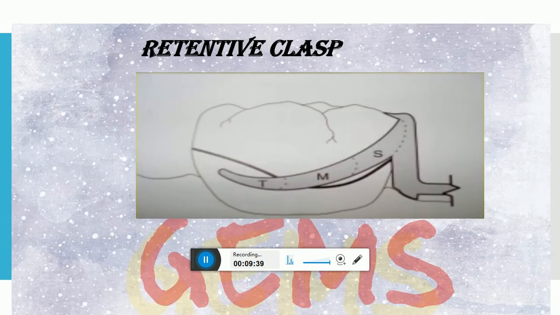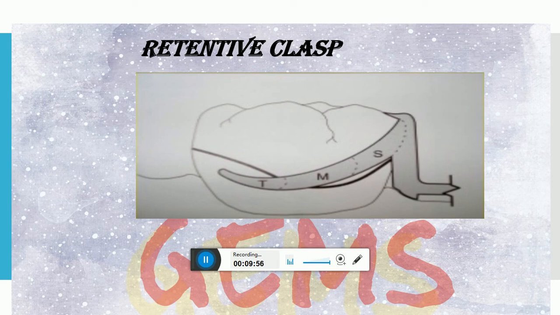Then we have the retentive clasp. A retentive clasp is a flexible segment of a removable partial denture which engages an undercut on an abutment and is designed to retain the denture.